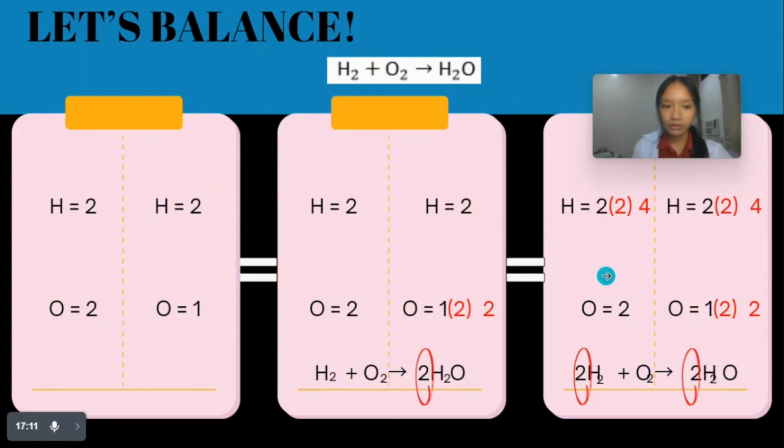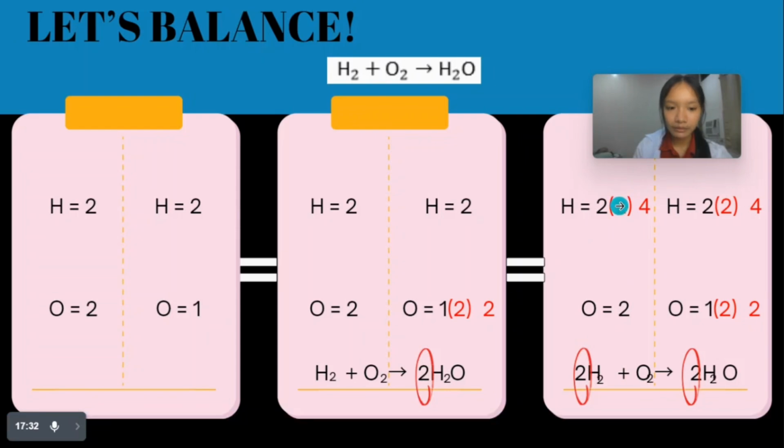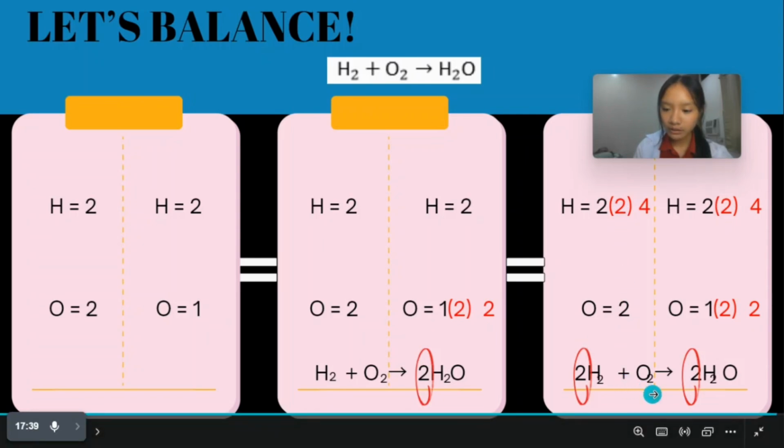Okay. So to verify if the equation is balanced, we check the total number of atoms on each side. On the left side, we have 2 times the subscript of H, which is 2, resulting in 4 hydrogen atoms here. Then oxygen is 2 because there are no coefficients. It is already understood as 1.